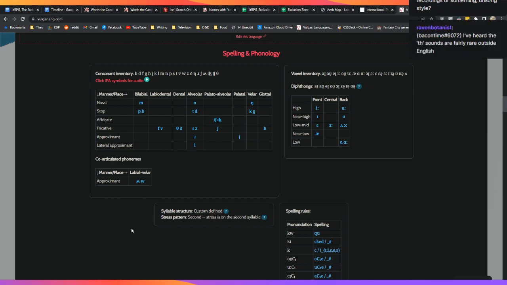Yeah, the th sound is very rare. Like dental in general. Like in theory, you could have a nasal dental, but it'd be, well, no, you couldn't have a nasal dental because of the way the mouth works, I think.